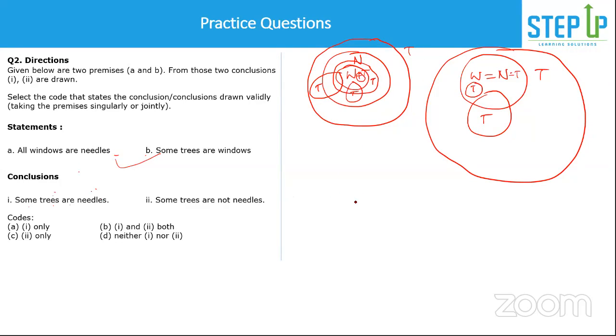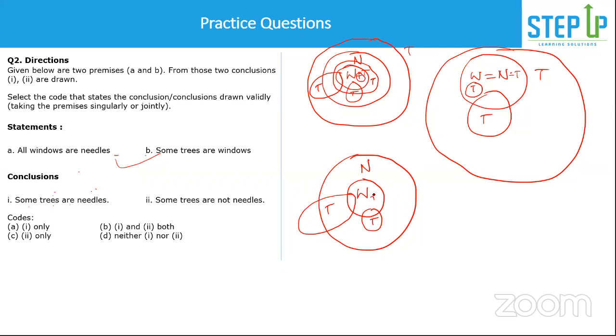It says all windows are needles. It says some trees are windows, meaning trees and windows can overlap. Can I say like this? Yes. Can I say also like this?